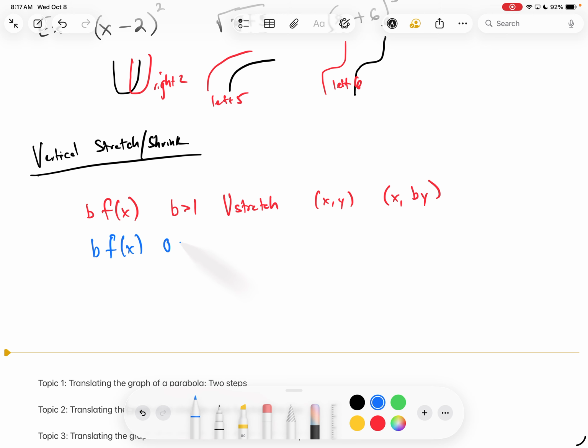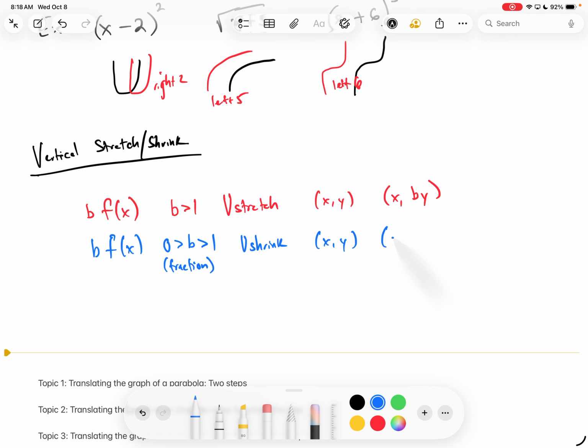If b is like a decimal or a fraction, I'm going to write fraction underneath here, a proper fraction, I should say. If b is like a decimal or fraction, it is going to vertically shrink it, right? If I multiply it by a half, it's going to go up half as fast, is what that's saying.